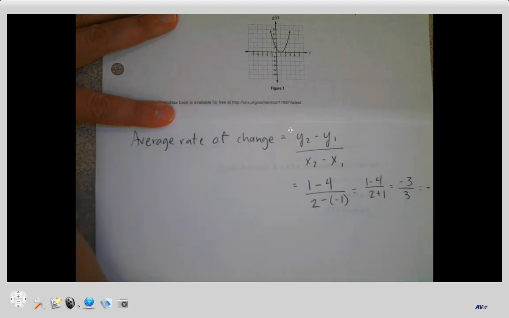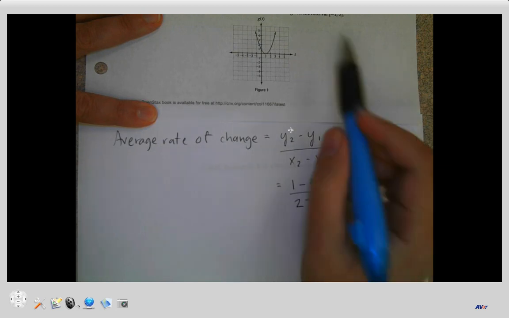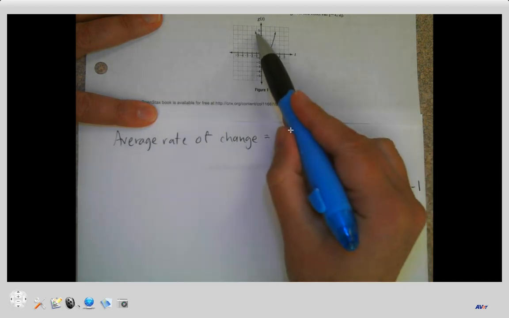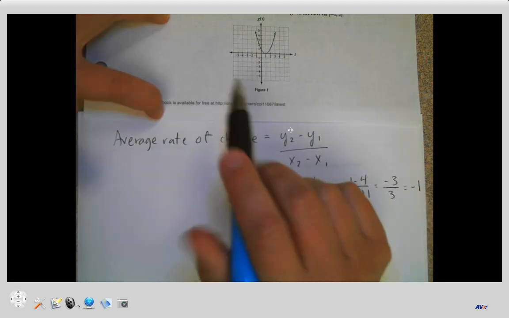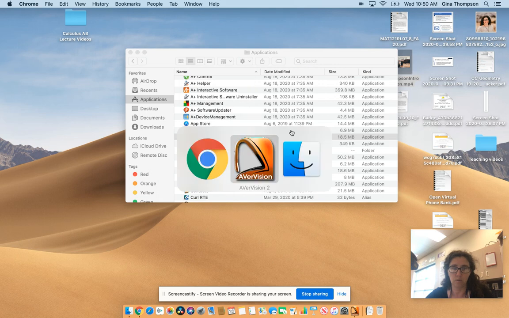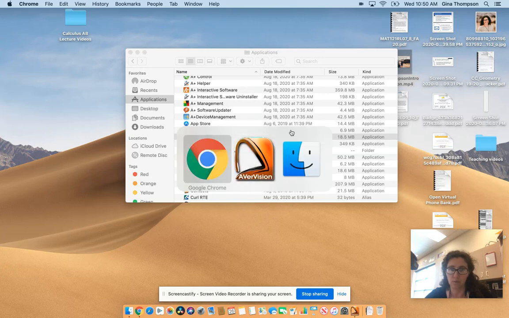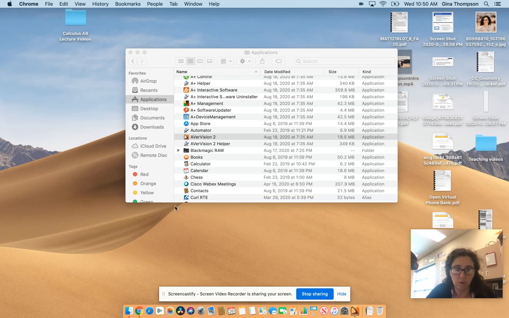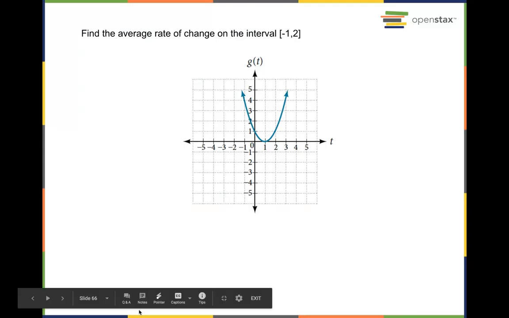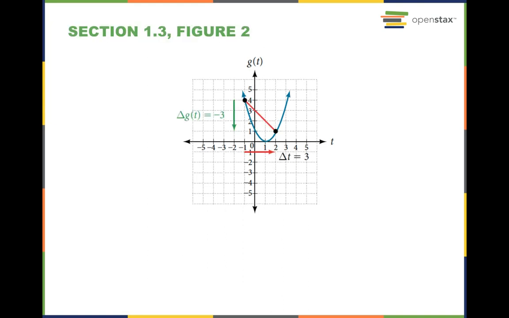Does that make sense? The average rate of change over this interval from here to here would be -1. Well, let's look. We got this red line going from -1, 4 down to 2, 1.